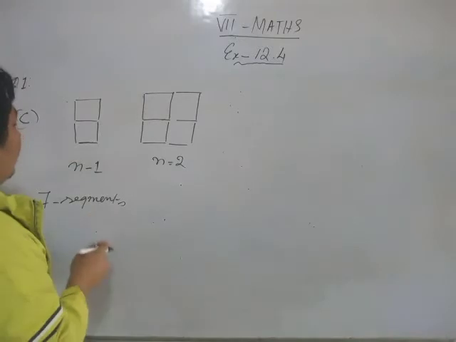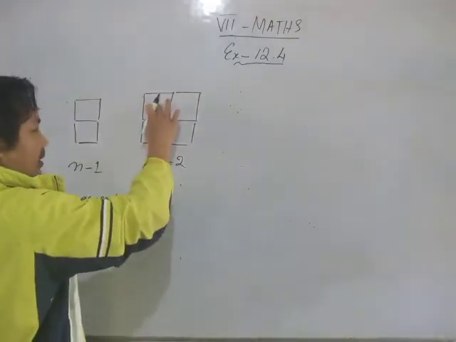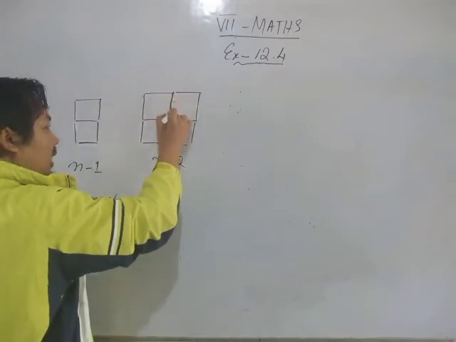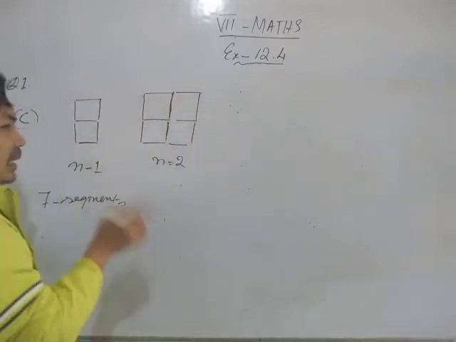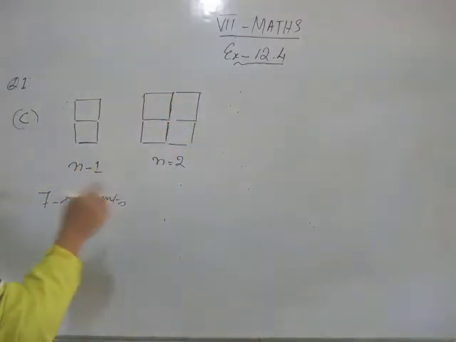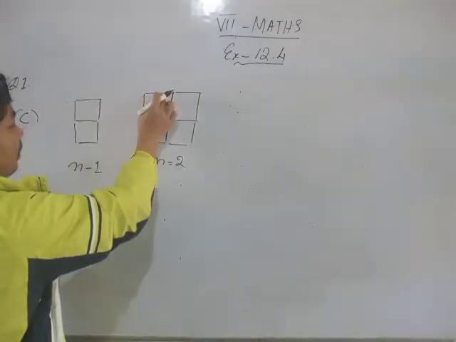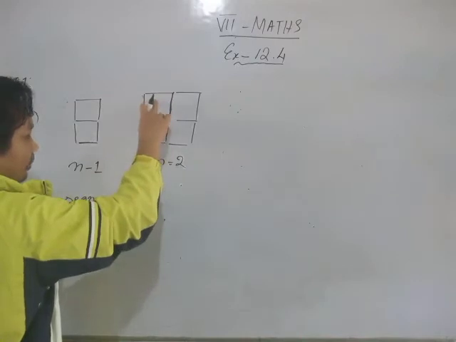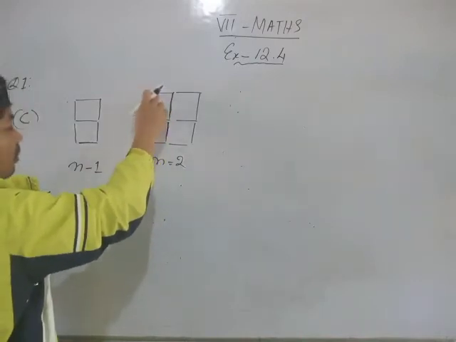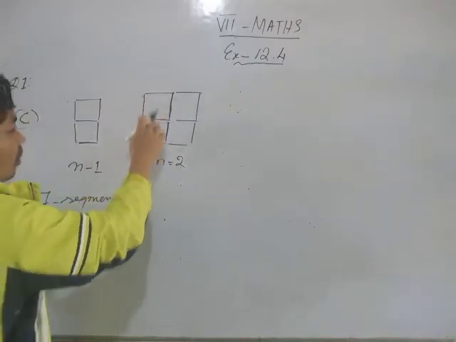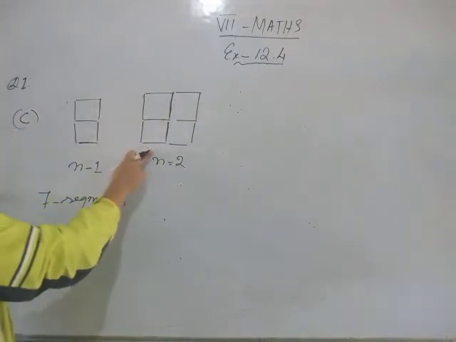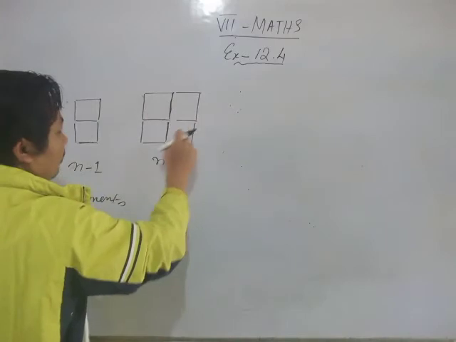So what we see is that when you make the patterns continuously, two segments are in common. For the first pattern, there are 1, 2, 3, 4, 5 segments. 5 already came here, and here also 1, 2, 3, 4, 5.